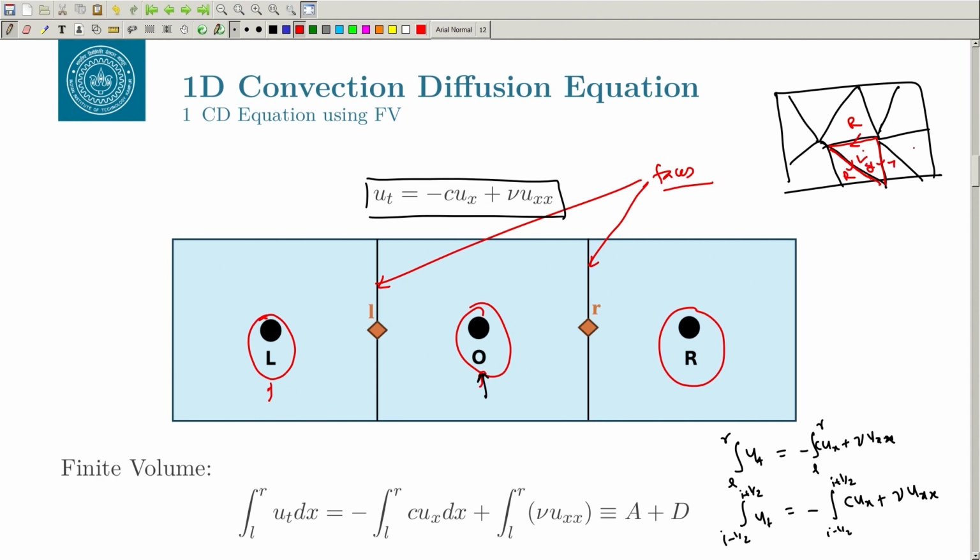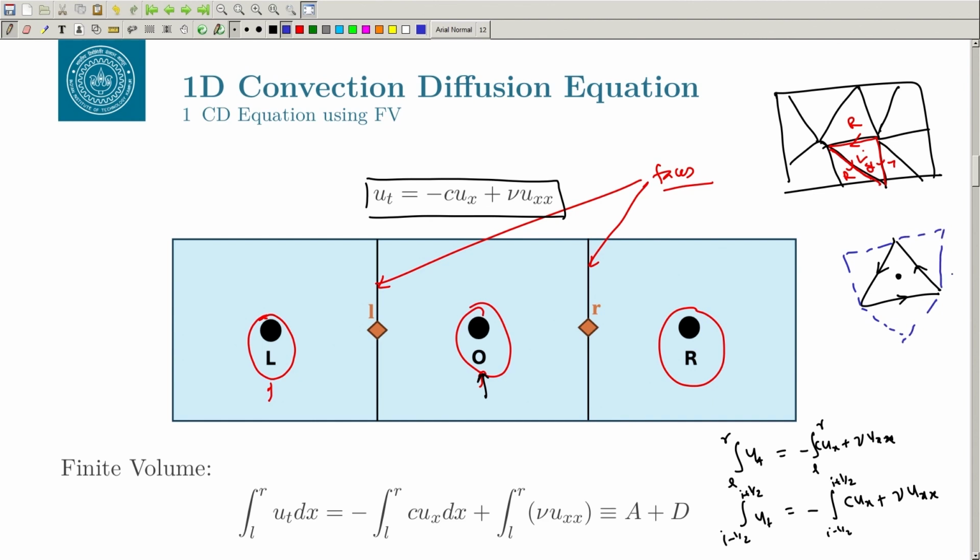So, for any given cell you can find this. This is your cell here and it has 3 edges. You can find out along every edge or every face what the left cell and the right cell are. For this edge there will be a left and right cell, for this edge there will be left and right cell, and for this one also left and right cell.